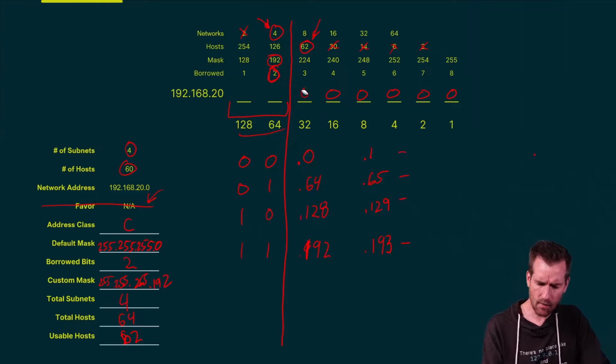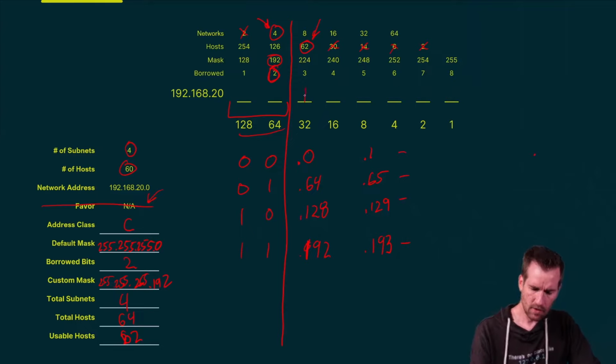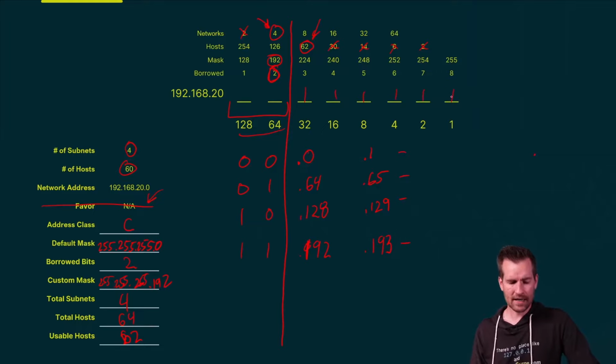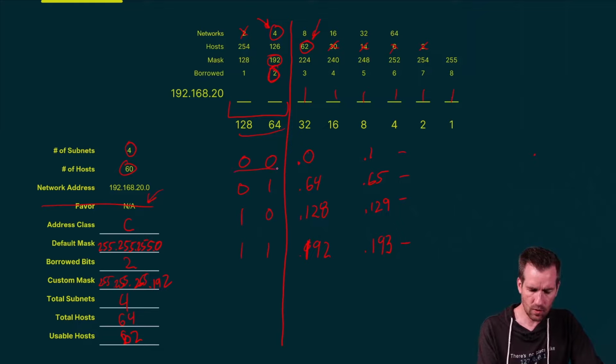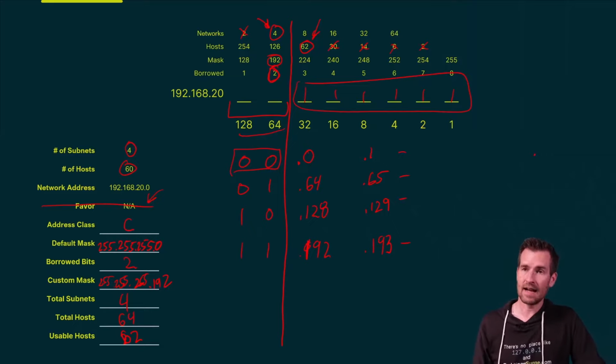All right, let's figure out what the broadcast address is though. So in this first example, I'm going to just put all 1s across here for the broadcast address. So if the first two are 0, 0, and then with all ones, we'd add it up, 32 plus 16 plus 8 plus 4 plus 2 plus 1 would be .63.